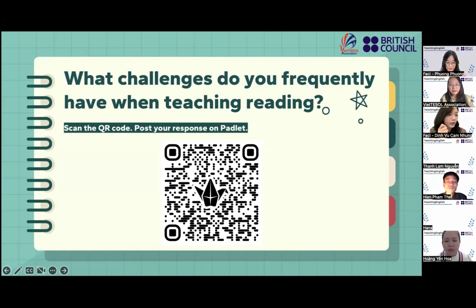Okay, so the most common thing I can see now is that there is a lot of vocabulary, right? There is a lot of vocabulary in the reading text. Or maybe ways to make lessons more intriguing, more interesting for students. Okay, hard and academic words again.